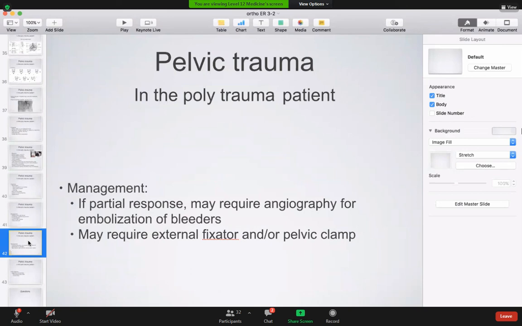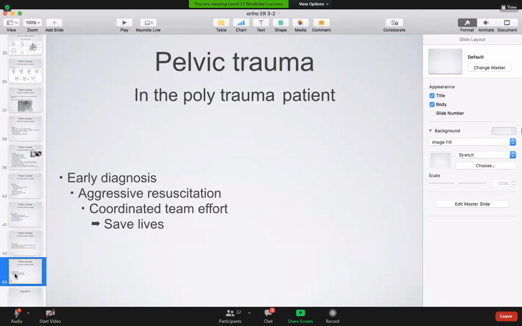If you resuscitate the patient and there is only a partial response, this might require angiography for embolization of active bleeders, especially arterial bleeding. This patient might also require a pelvic external fixator or clamp, which is similar to an external fixator but can be applied in the emergency room, to make sure that the pelvic volume is reduced and the pelvis is stable.